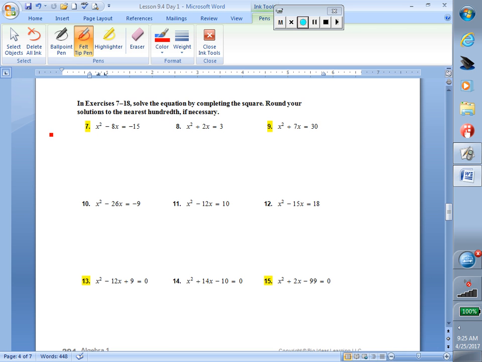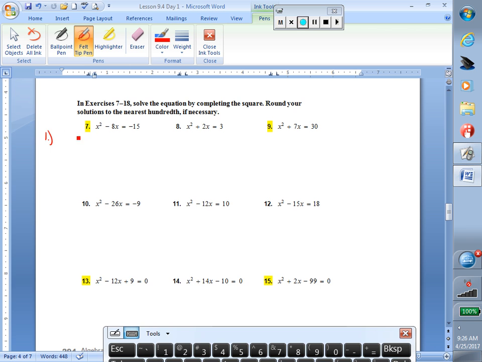The first thing we need to do to make our perfect square is we want to divide our b value by 2. Now that b value should be super familiar to us from chapter 8 when we were graphing in standard form. We had to use b to find our vertex for many of our graphs.